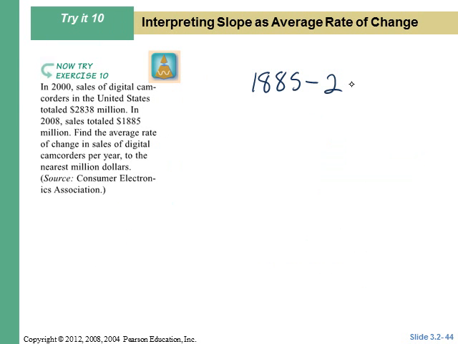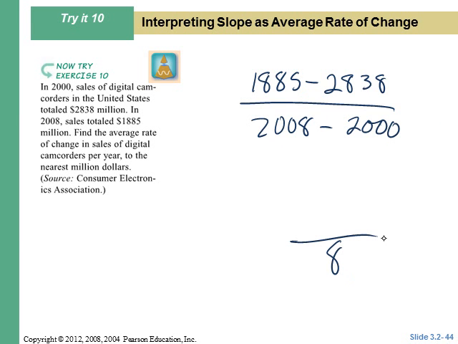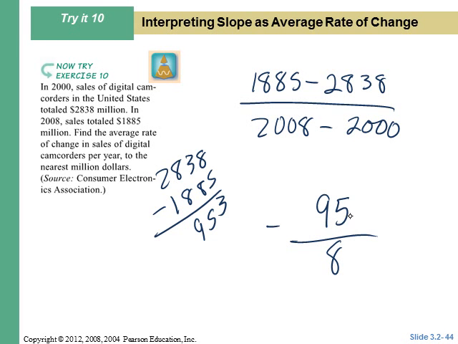Okay, minus 2838 over, I'll do the years, 2008 minus 2000 is 8 years. 2838 minus 1885 is 953. So negative 953 divided by 8, which is a fraction, or a decimal.